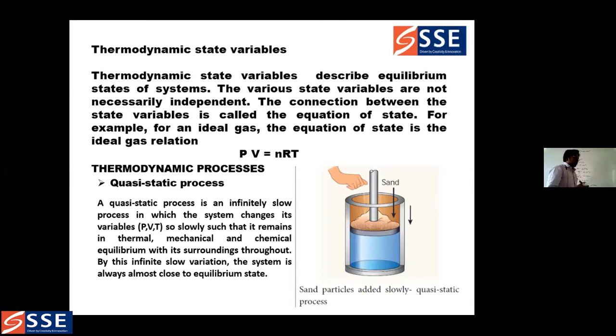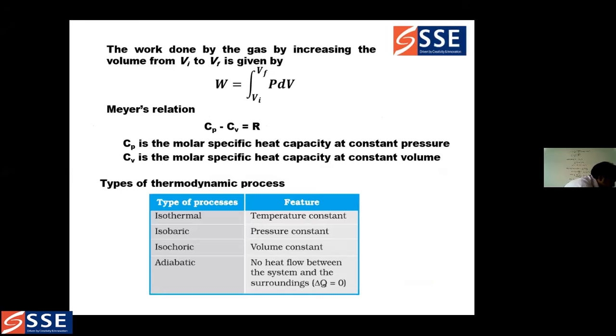The surrounding is a cold reservoir, so it will be in thermal equilibrium with the surrounding. The sand particles are added slowly. Such slow increase of pressure while making thermal equilibrium with the surrounding is said to be a quasi-static process.